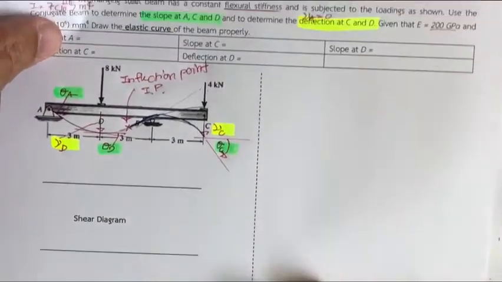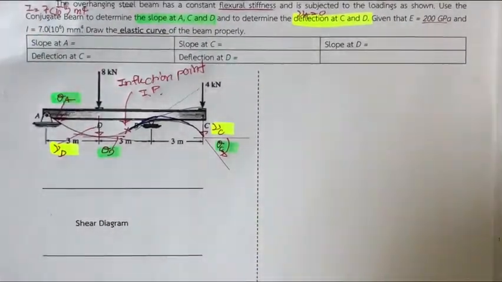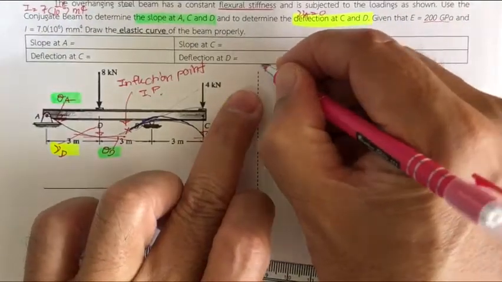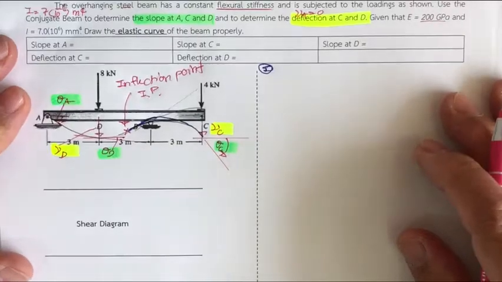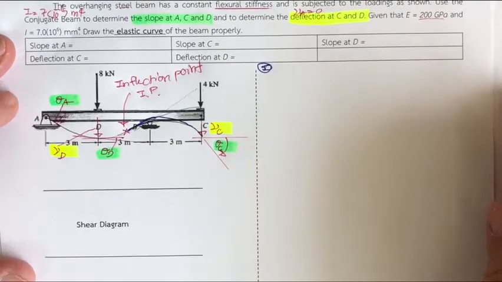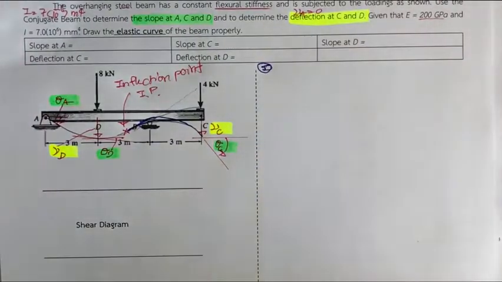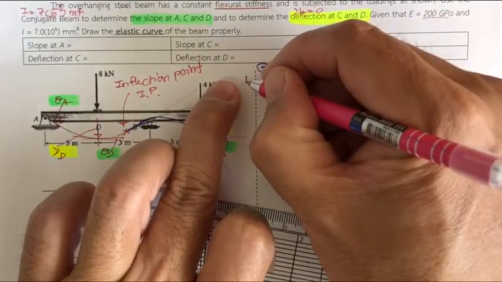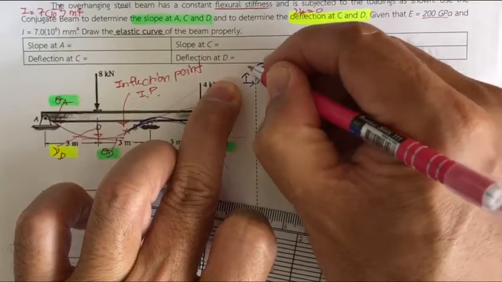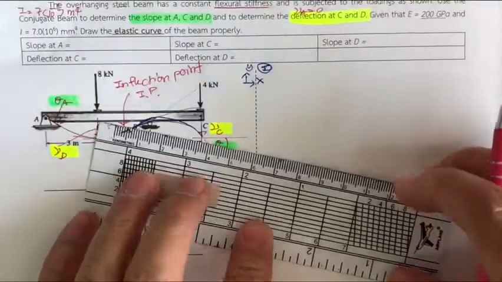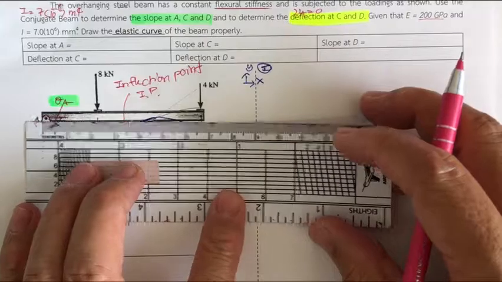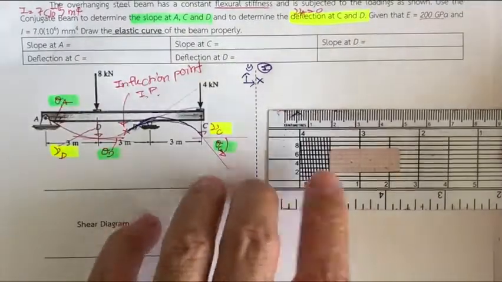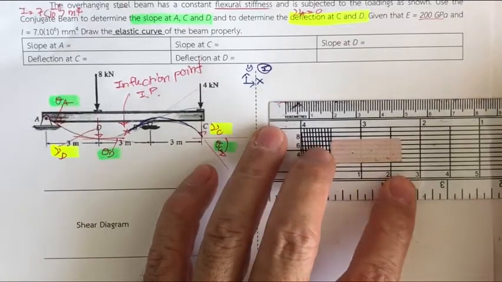Okay, let's start by analyzing the beam for the reaction. Let's put the x and y reference, and we have this one for 6.5. So our beam is going to be like 6.5.